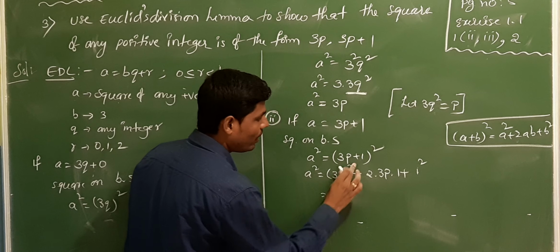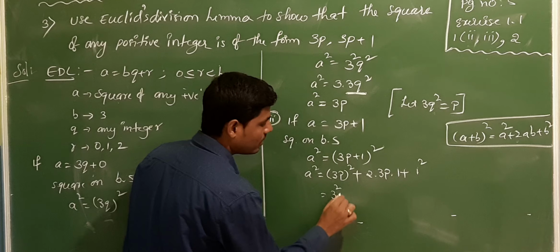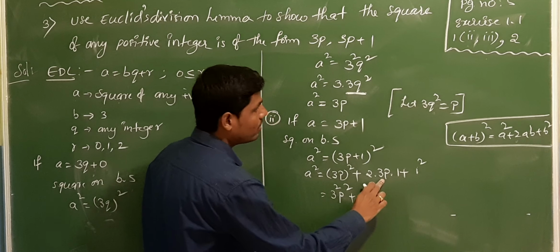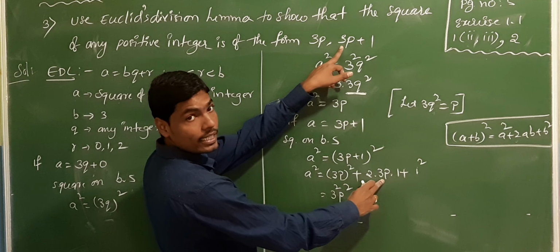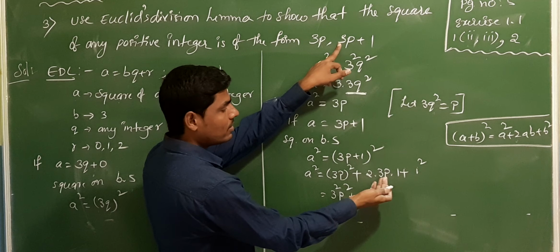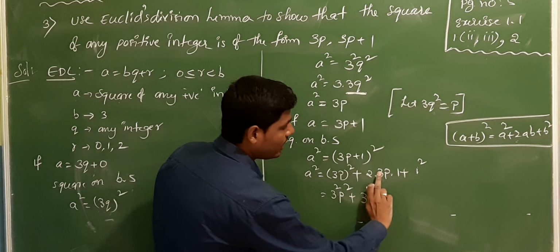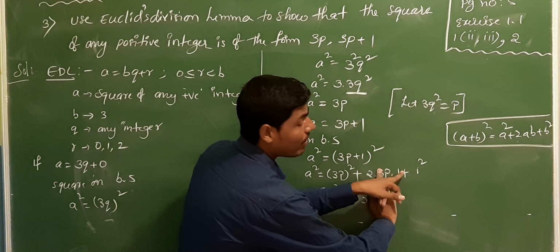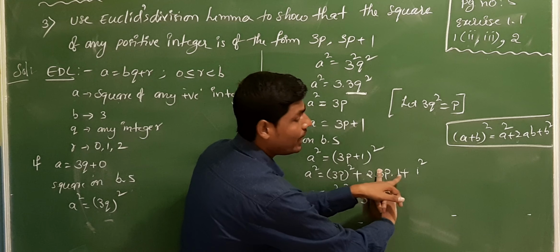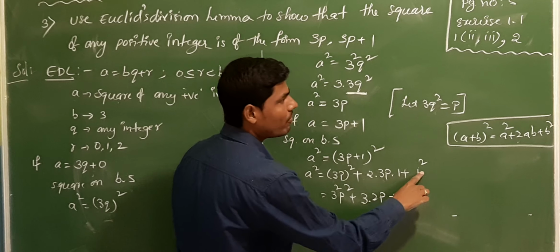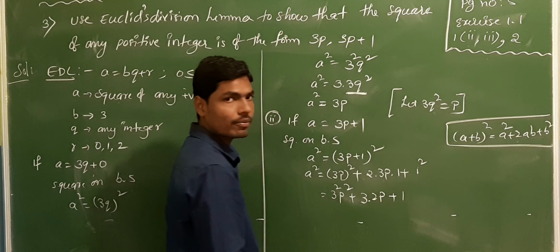So it equals (3p) whole square, that is 3 square p square, plus here we need to take 3 as a divisor, so write this 3 first. If you write 3 first, 2p and 1 are left. 2 into p into 1, that is 2p, plus 1 square means 1 here.